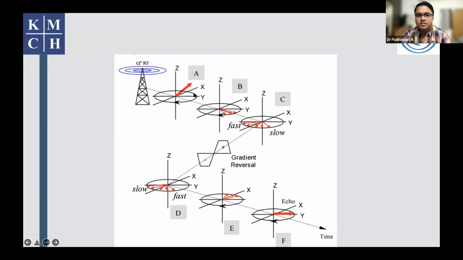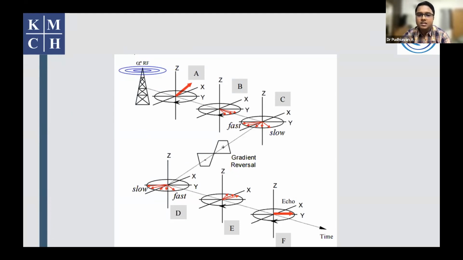The magnetization is flipped into the XY plane, and immediately after the RF pulse is stopped, the dephasing of the protons starts. Here, unlike in the spin echo sequence, instead of using a 180-degree pulse, we use a gradient reversal. The gradient is applied in opposite directions.